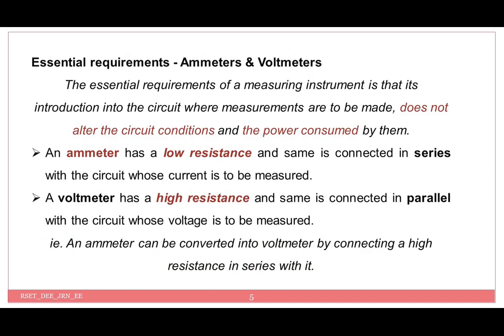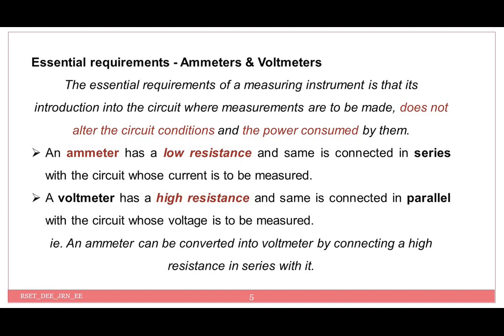Now, some essential requirements. The essential requirement of a measuring instrument is that its introduction into the circuit where measurements are to be made does not alter the circuit conditions and the power consumed by them. Very important point. Now, you know an ammeter has a low resistance and is connected in series with the circuit whose current is to be measured.